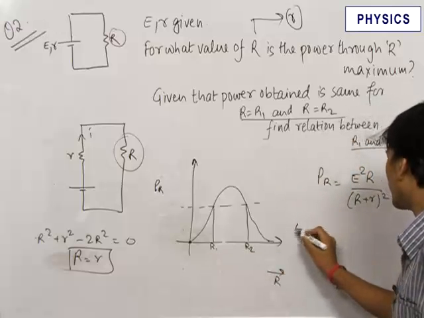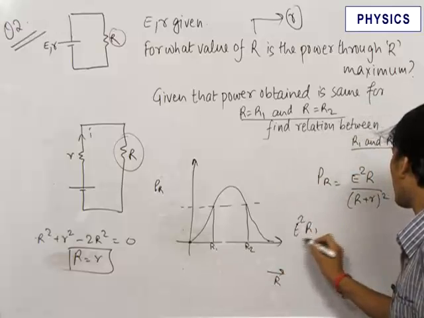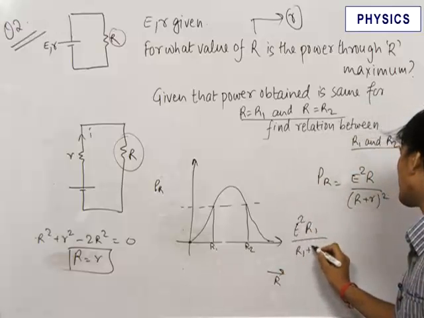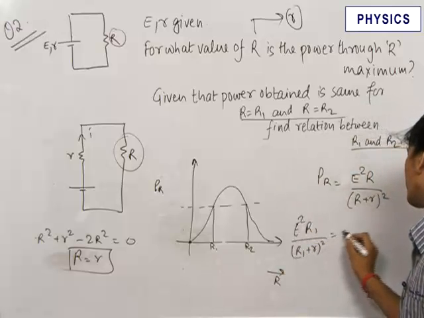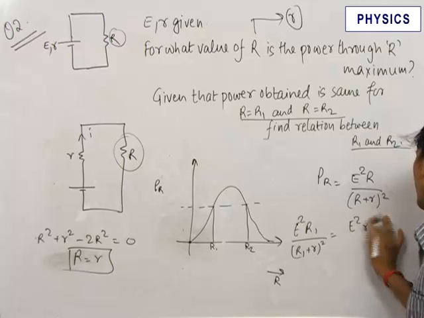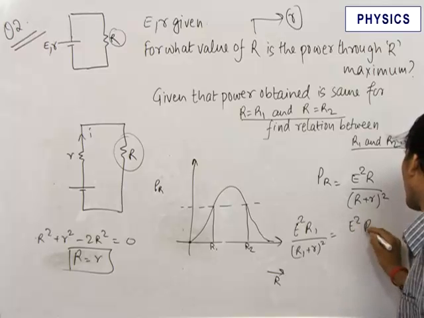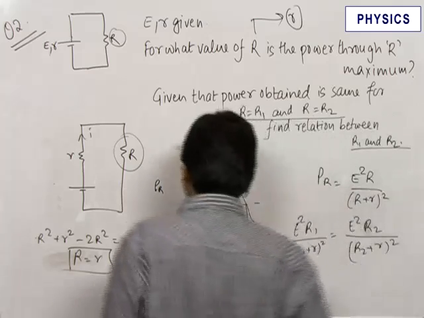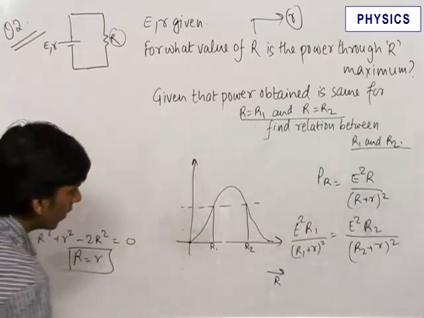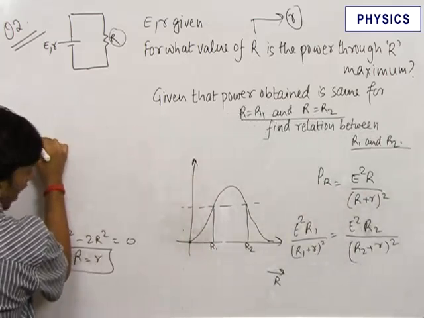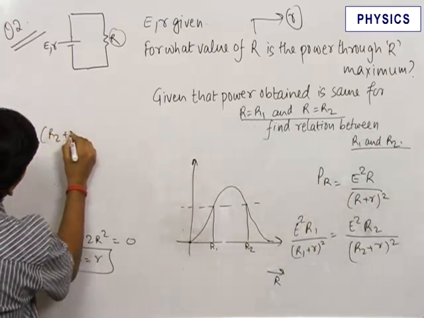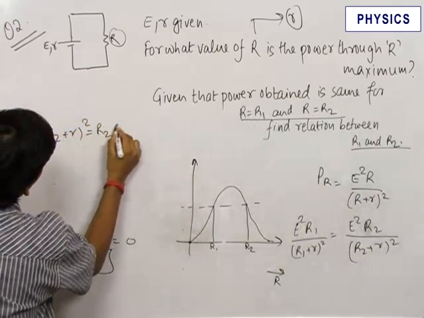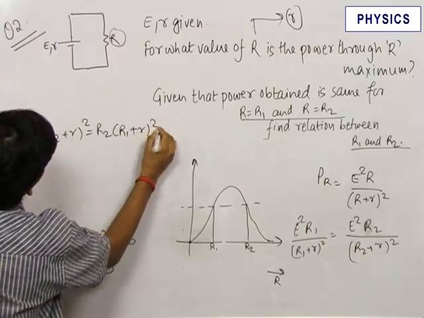For that we write E square R1 upon R1 plus r whole square. This is equal to E square R2 upon R2 plus r whole square. On solving this, we get R1 into R2 plus r whole square is equal to R2 into R1 plus r whole square.